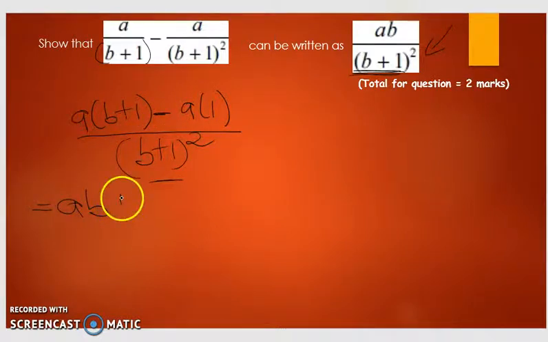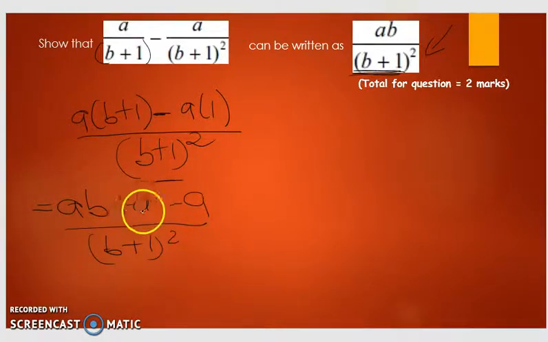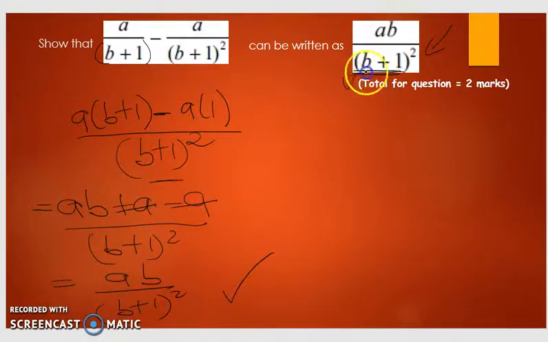You have your ab, add a, take away a, divided by b plus 1 squared. A take away a gives you 0, which simplifies to ab over b plus 1 squared, which is what we've been asked to prove. So that's how you gain your full 2 marks.